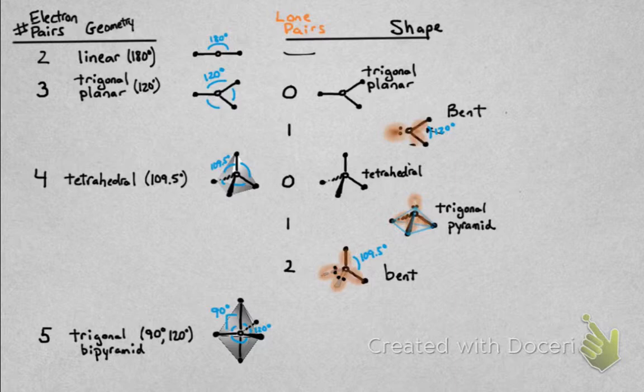So one thing that you might notice is that if you start with just counting up electrons around the central atom, electron pairs, for instance in this bent molecule we just drew, you have 4, and then you draw the tetrahedral arrangement of those 4 pairs. Once you fill in atoms and lone pairs, the molecule looks bent. It looks like its name. And so it's pretty easy, just first starting out with arranging your electron pairs into one of these 4 basic geometries, 5 if we move on to 6 electron pairs.